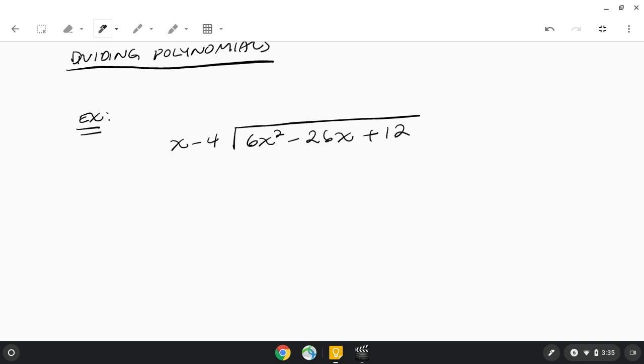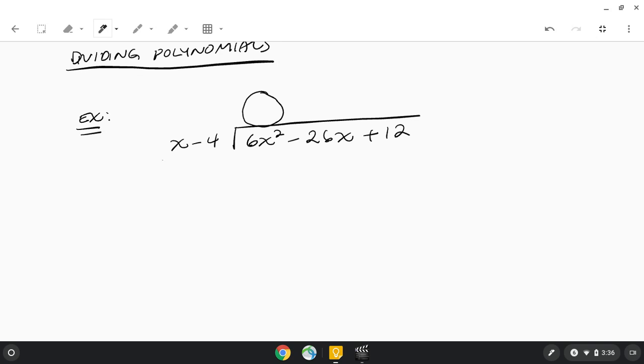What happens here is just like long division, you're trying to figure out what times what will give you this inside here.